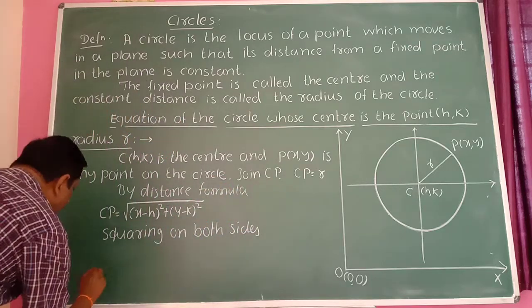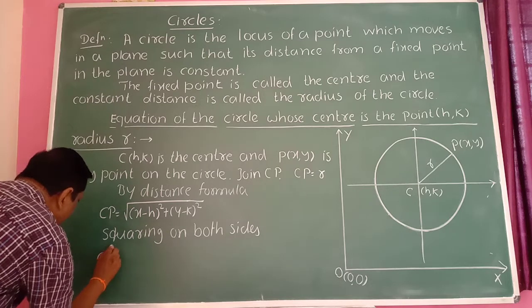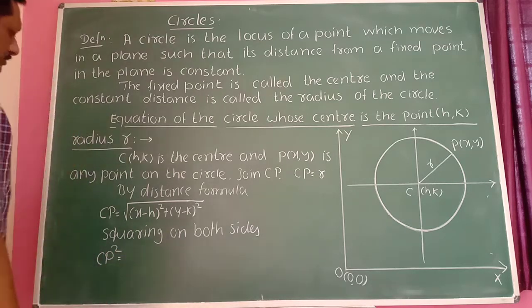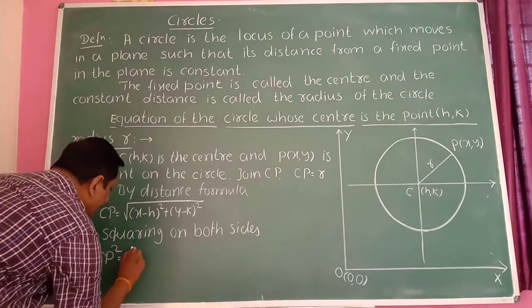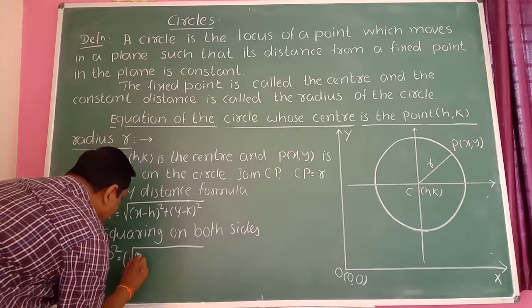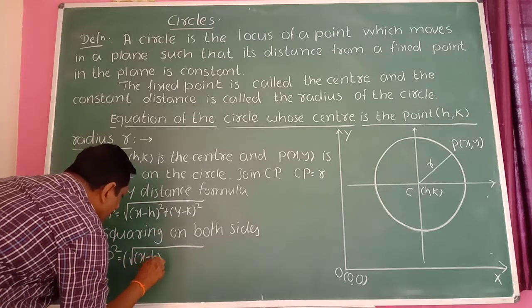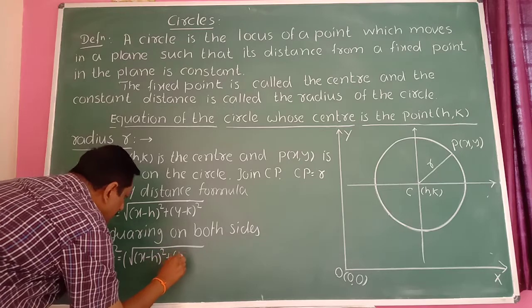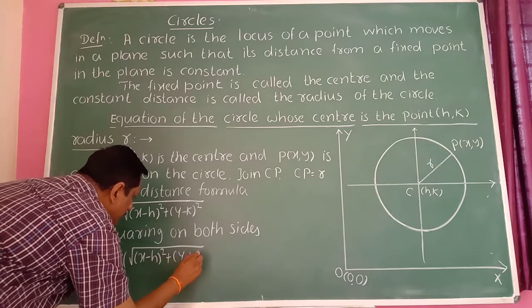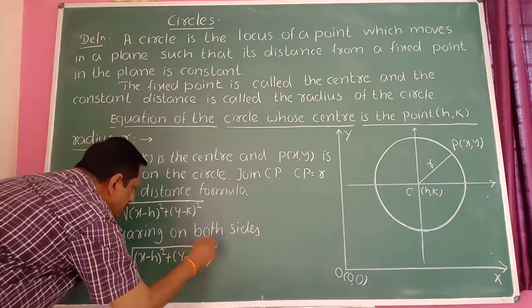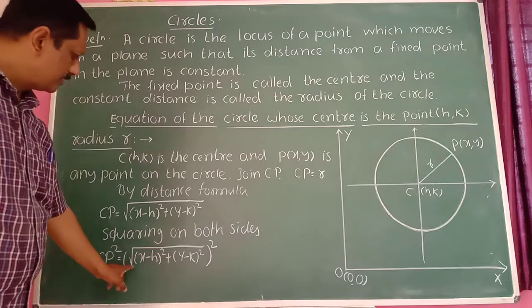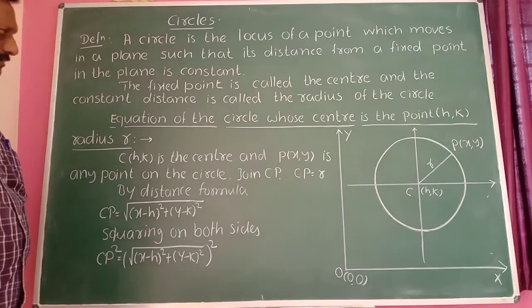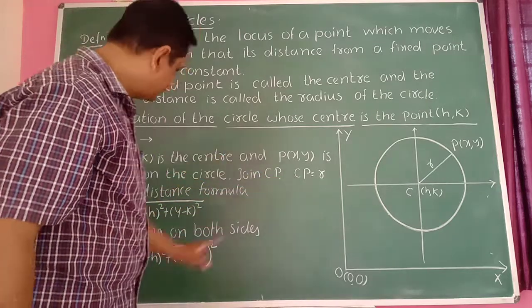So we get CP square is equal to (x minus h) whole square plus (y minus k) whole square. The square root and the square cancel, and CP is r, so it becomes r square.